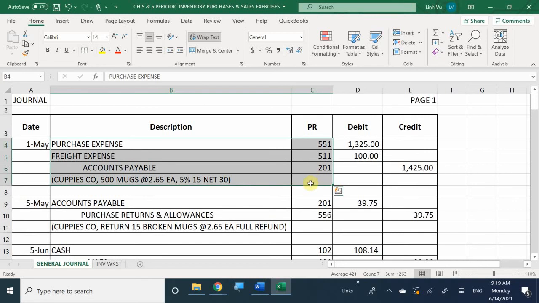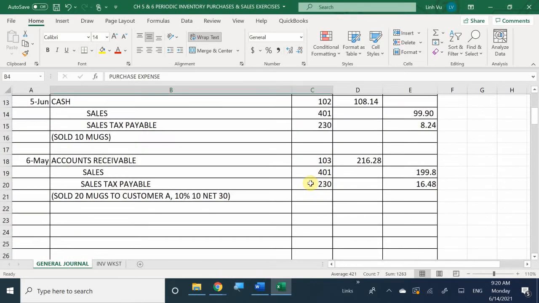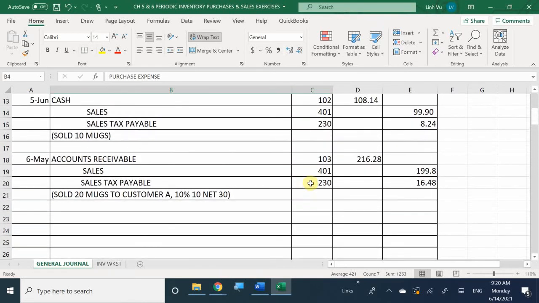What's dash 103? Cash, and then there's 102. Okay, so in this case, what was the transaction at hand? Did we sell a product or did we purchase items? We purchased items. Yeah, we purchased items.